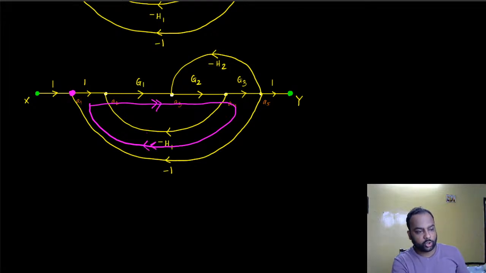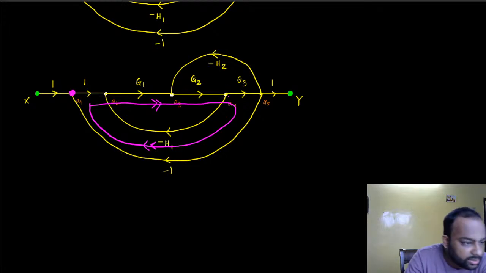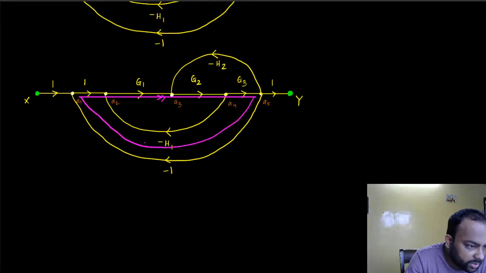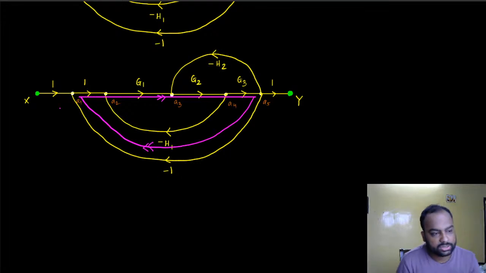Let me make it very clear. This is the direction we are taking, and from this we are coming back through this -1 and back to this. So this is considered a loop.